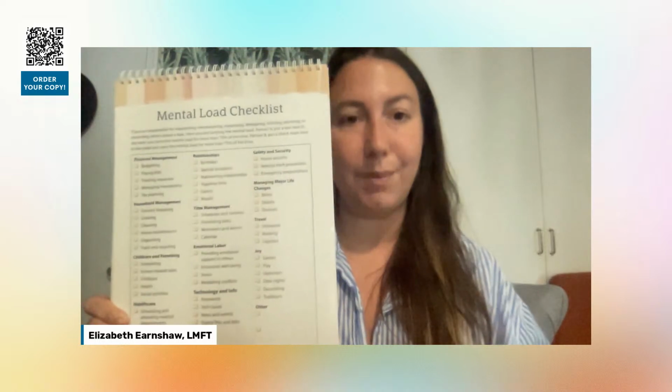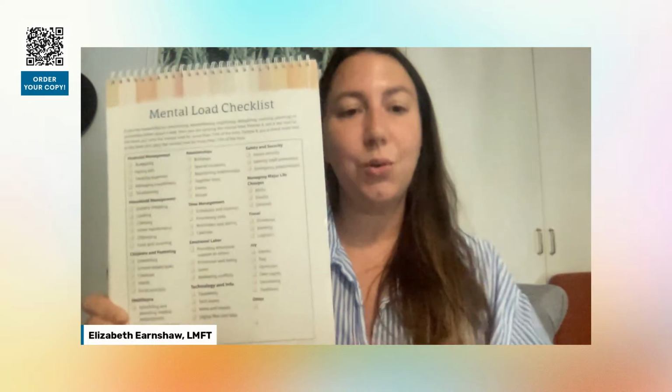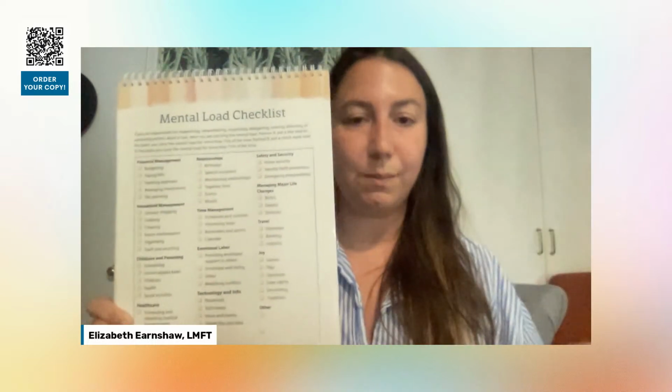Or does it mean that you need to get some help? Does somebody else need to come in and do these things and take accountability and responsibility for them? So you're using it in two ways. One, to help them bring to life and assess what's actually going on. And two, to help them redistribute these mental load tasks. So that's just one other example. Let me show you one other page.